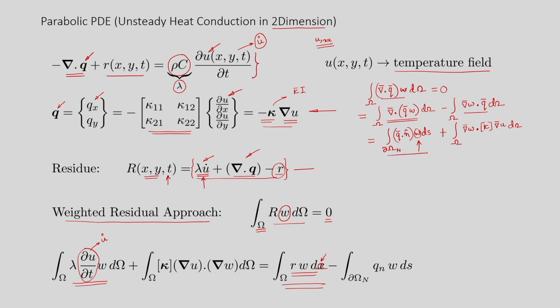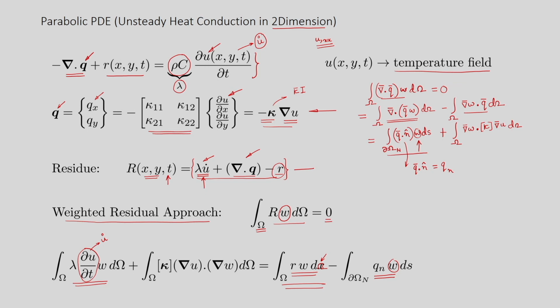So, this term has appeared in the right hand side, because q dot n is basically representing the scalar q n, the normal heat flux at a given point. So, that is q n times w as it is.